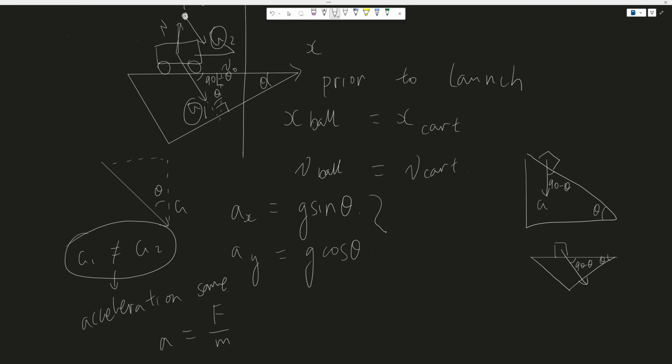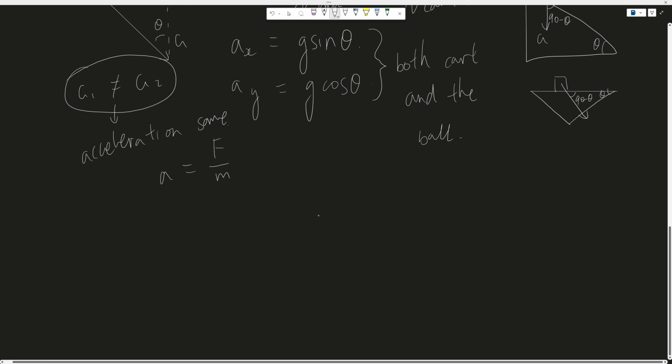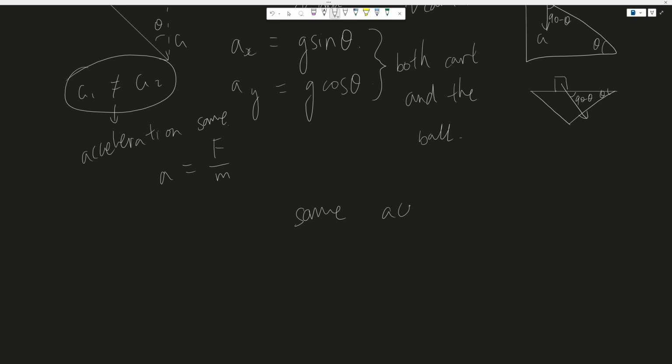And so this expression is for both the cart and the ball. So now we know that they experience the same acceleration in the x direction. And that is enough to know that the ball will always fall into the cart.